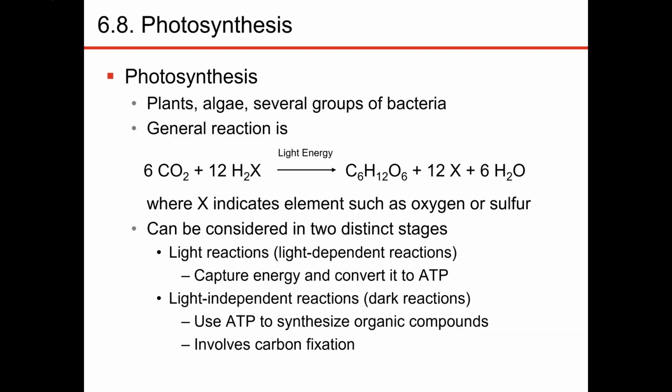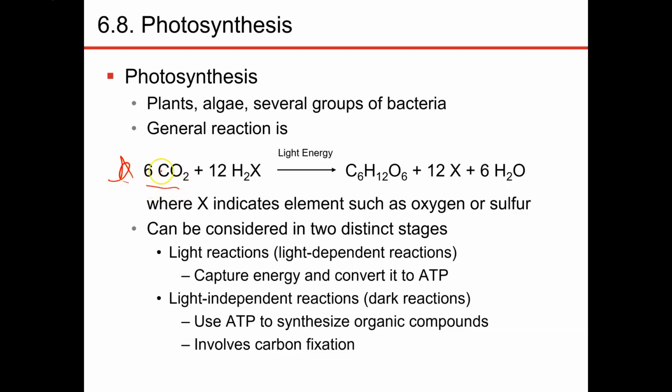The original photosynthesizers were likely cyanobacteria, and they gave rise to a lot of other organisms that are still photosynthetic today, like plants and algae. So without the cyanobacteria that are photosynthetic, we would not be here because we can't survive in an environment without oxygen. So when we talk about photosynthesis, this is the general equation here.